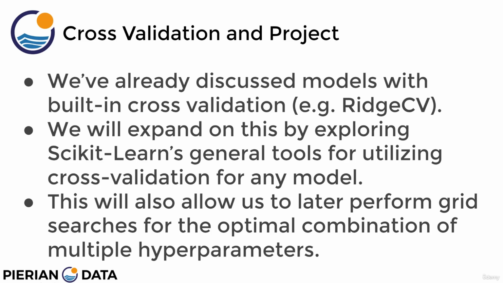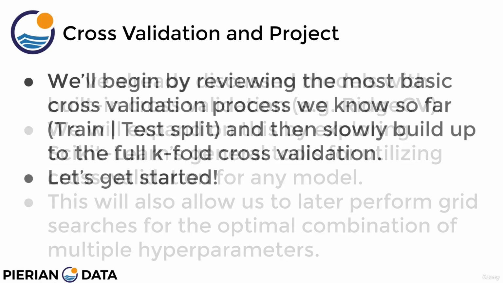So instead, what we want to do is set you up so that you can perform cross-validation on any single machine learning model available in scikit-learn, even if it does not have a CV version attached to it. So what this will allow us to do is later perform grid searches for the optimal combination of hyperparameters for any particular algorithm in scikit-learn.